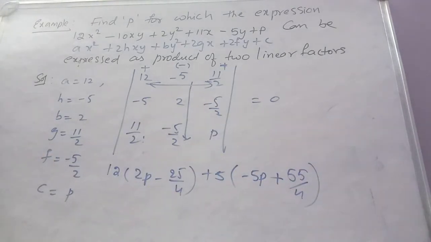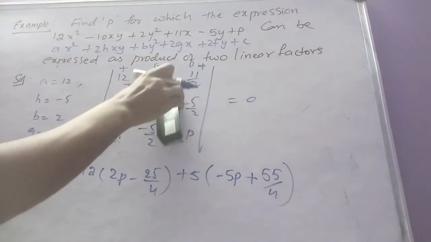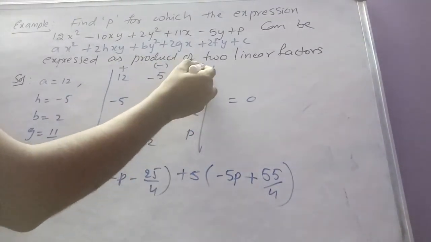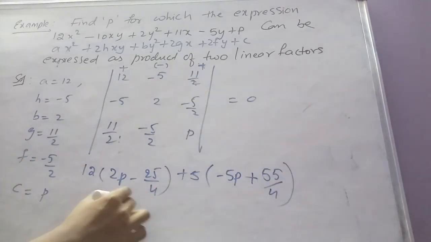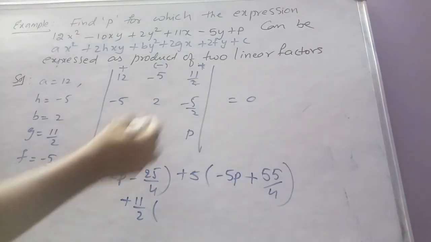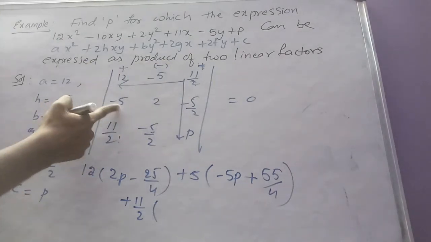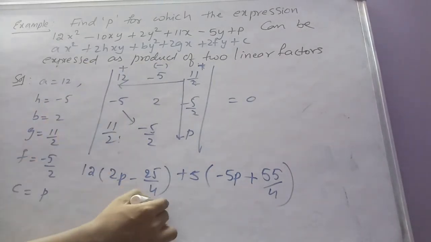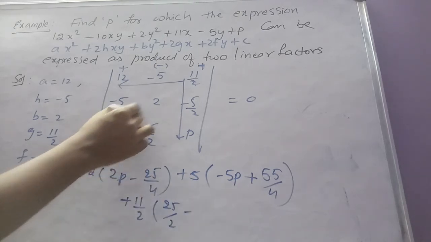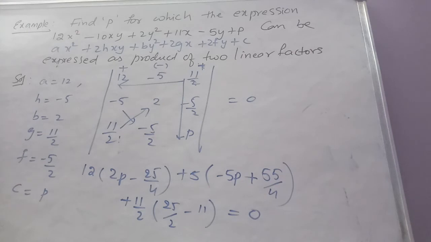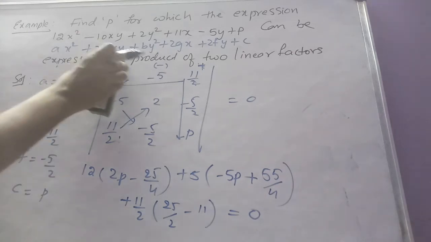And then plus 11 by 2 into. So ignore this column and this row. Take the determinant of this. If you multiply these two, you'll get 25 by 2 minus, if you multiply these two, you'll get 11. Close the brackets, equal to 0. So solve this, you'll get the value of P. So how to solve this?